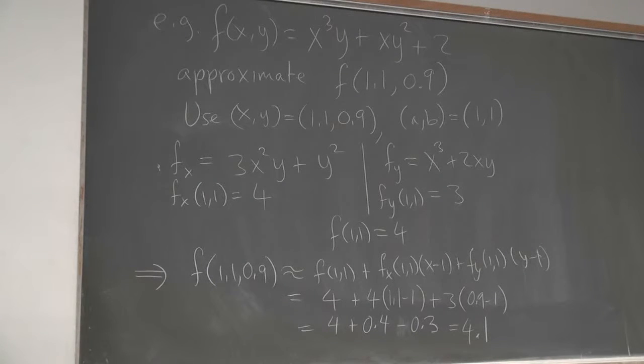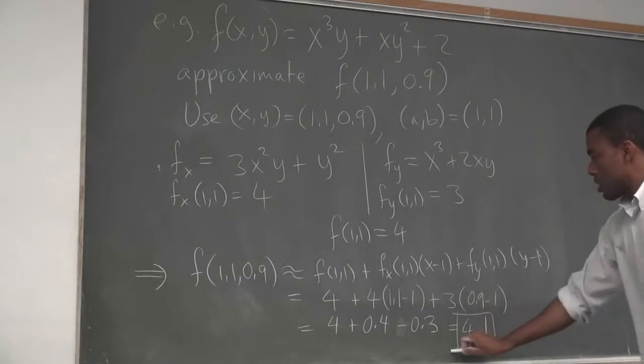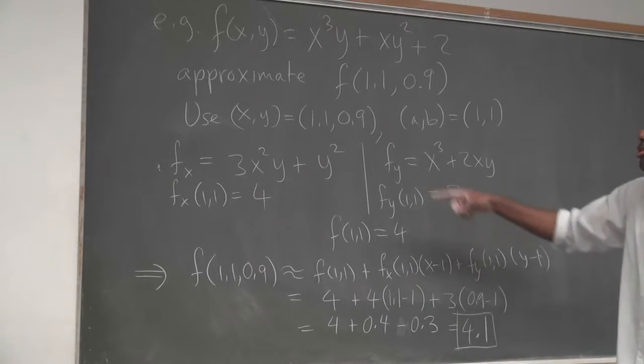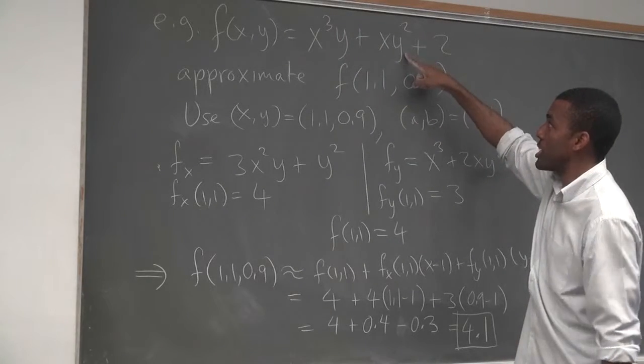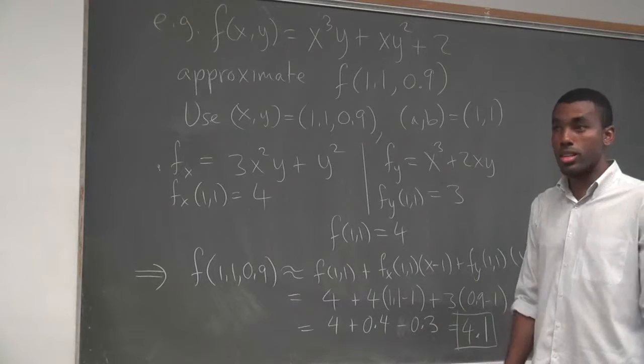Yep, it's lining up the decimals. But yeah, that's your approximation here, which I'd much rather evaluate in this function than be cubing 1.1 and squaring 0.9, multiplying these and adding 2. Right? This was a lot easier to plug into here.